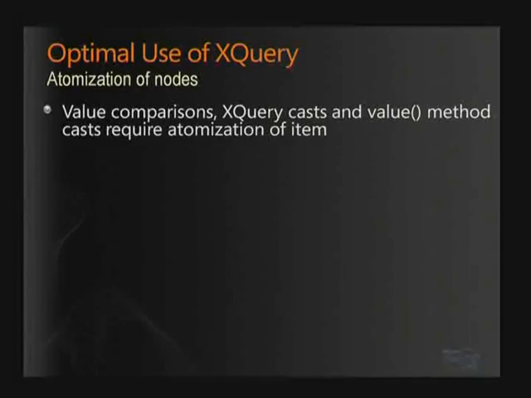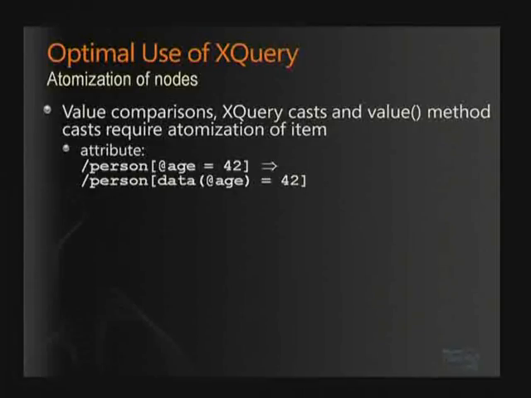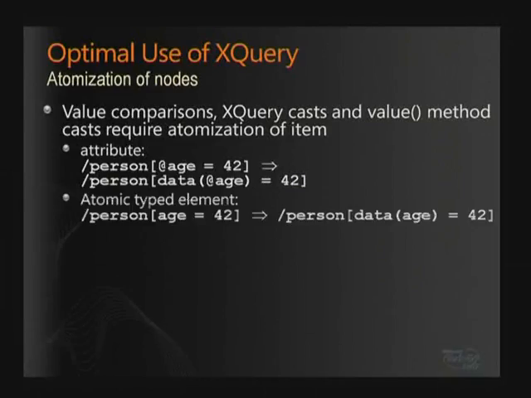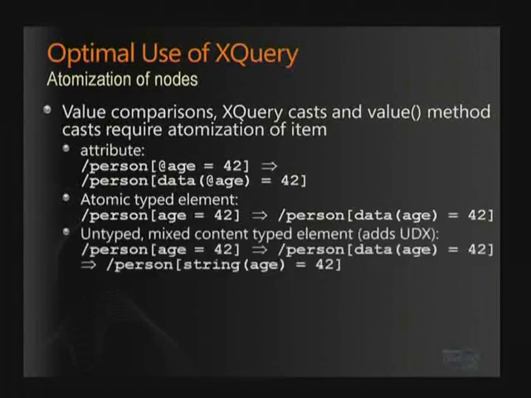So in order to be able to compare it to the string, I have to extract the value of that node, and that's called atomization. Value comparisons, XQuery casts, the value method itself, all require atomization of nodes if you provide a node. So in this case, if I say age equals 42, it's actually data of age equals 42. If I say an atomic typed element age equals 42, it's the same, data of age equals 42.